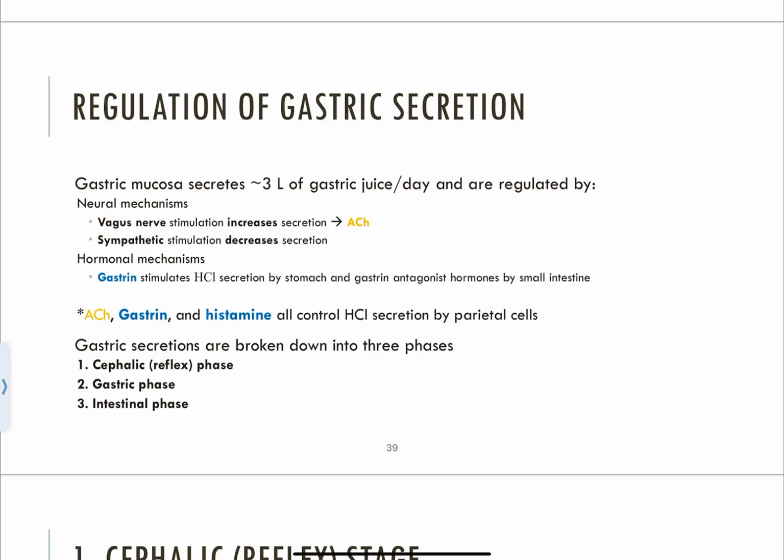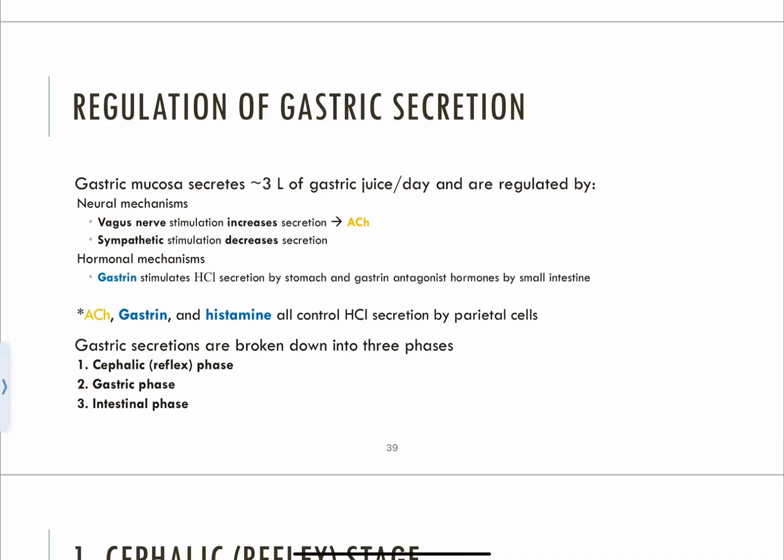Acetylcholine release is going to stimulate the output of gastric juice. Our sympathetic division is going to cause a decrease in acetylcholine secretion.